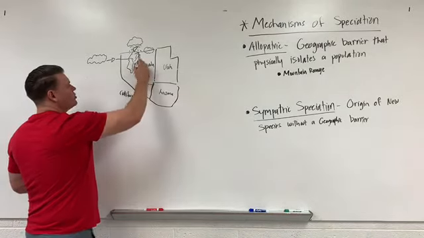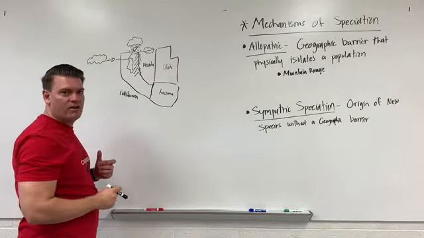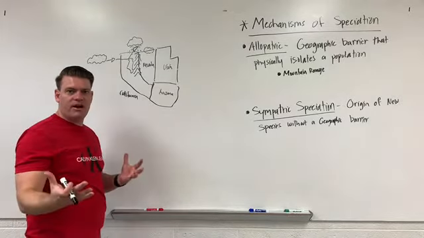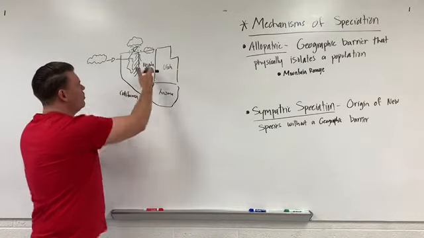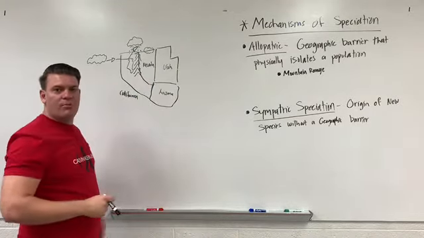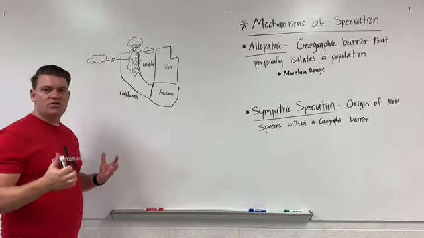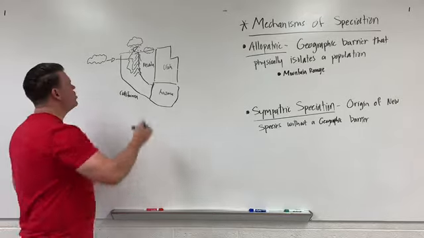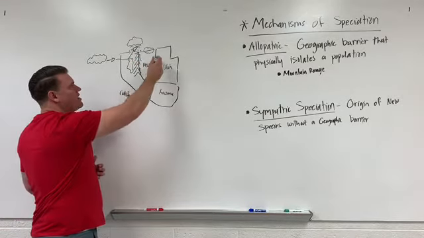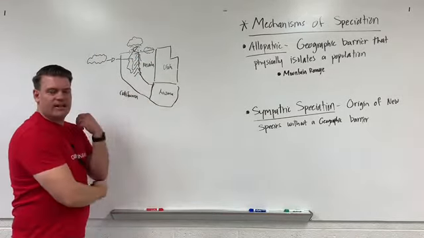But the minute you created this geographic barrier, one thing you did is you created a barrier of isolation, right? So they're no longer able to interbreed. But on top of that, you've also created two different types of environments. You have a very wet environment here, and you have a very dry environment here.